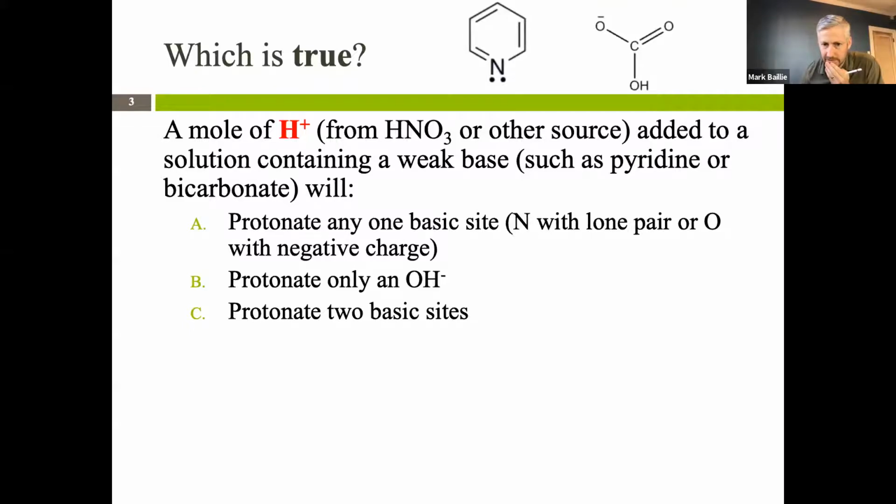Okay. Just wanted to make sure that I hadn't stopped doing that and I was just talking to myself. So weak base pyridine is the one with the nitrogen lone pair in the ring. And then we have carbonic acid as the second one. Well, bicarbonate because it has one proton. So these are both bases.